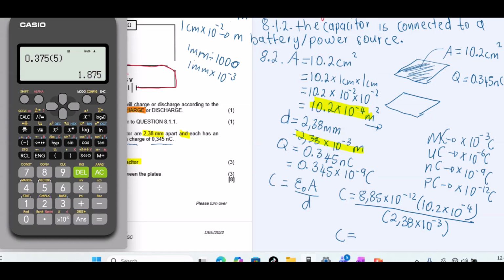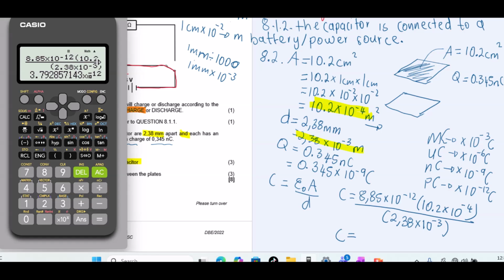That's good. And then now we can punch this into the calculator. Without wasting time, if you punch this into the calculator, that's 8.85 times 10 to the power of negative 12, times 10.2 times 10 to the power of negative 4, over 2.38 times 10 to the power of negative 3.